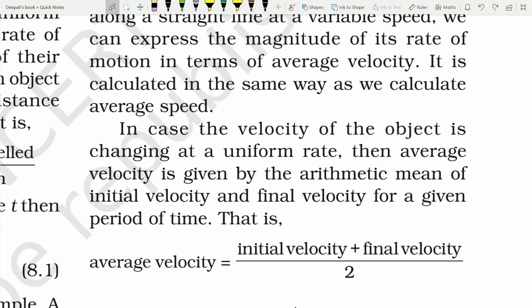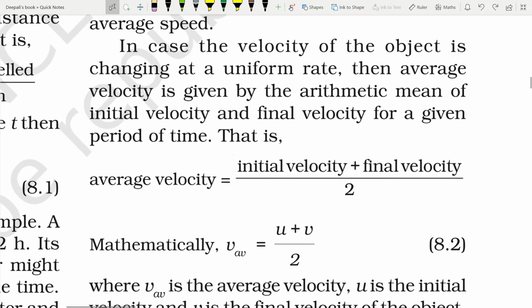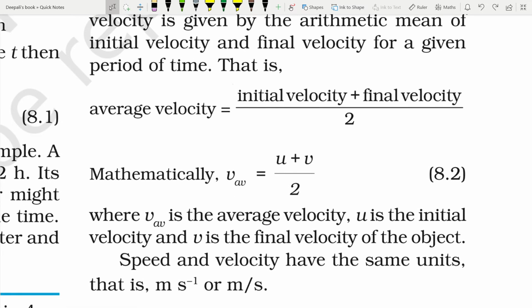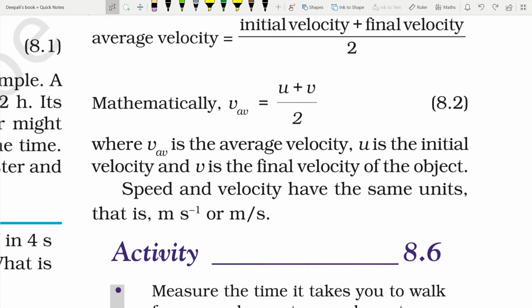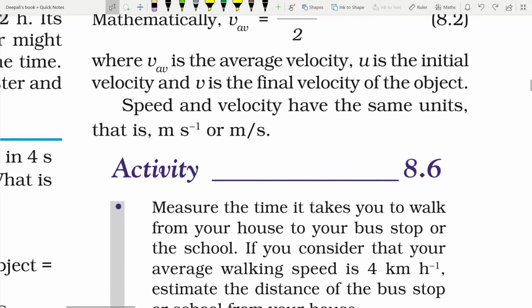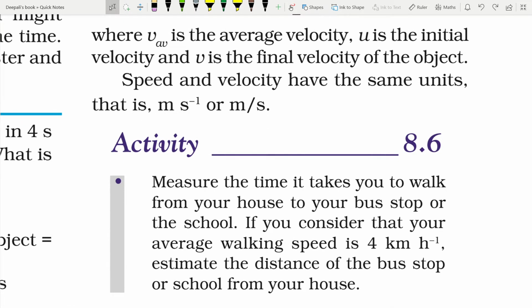That is, average velocity is equal to initial velocity plus final velocity divided by 2. Mathematically, V_av = (u + v)/2, where V_av is the average velocity, u is the initial velocity, and v is the final velocity of the object. Speed and velocity have the same unit, that is meter per second.